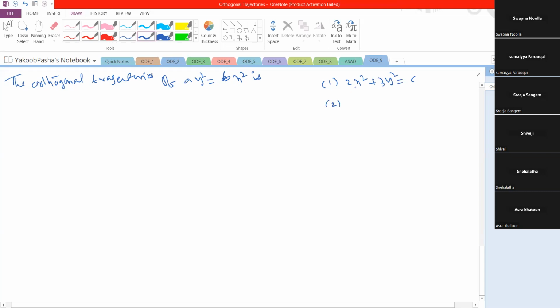Second option, 2x cube plus 3y square is equal to c. Third option, y square plus 2x cube is equal to c. And the fourth option, x square plus y square is equal to c. Okay, here a and b are two arbitrary constants.